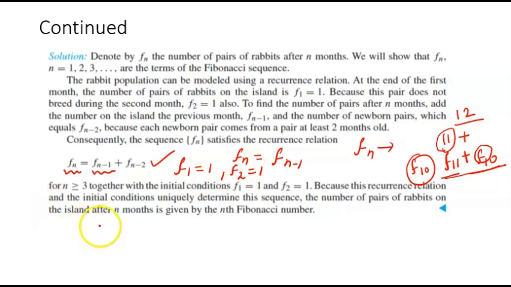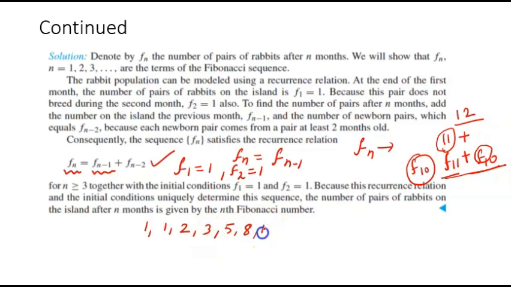Now if you write the sequence, how will it look? F1 is equal to 1, F2 is equal to 1, F3 will be equal to F1 plus F2, that is 2. F4 will be equal to F2 plus F3, so that is equal to 3. Then the next will be 2 plus 3 is equal to 5. Next will be 3 plus 5, that is equal to 8.